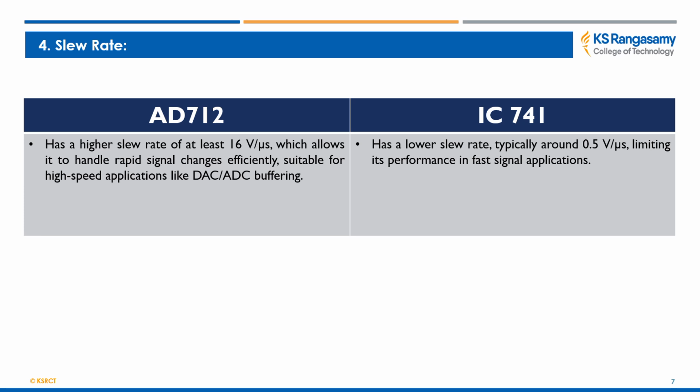Next, slew rate. Comparing slew rates, AD712 has the highest slew rate, so it can handle rapid signal changes. IC741 has a lower slew rate, around 0.5 volt per microsecond, so it limits its performance in fast signal applications.